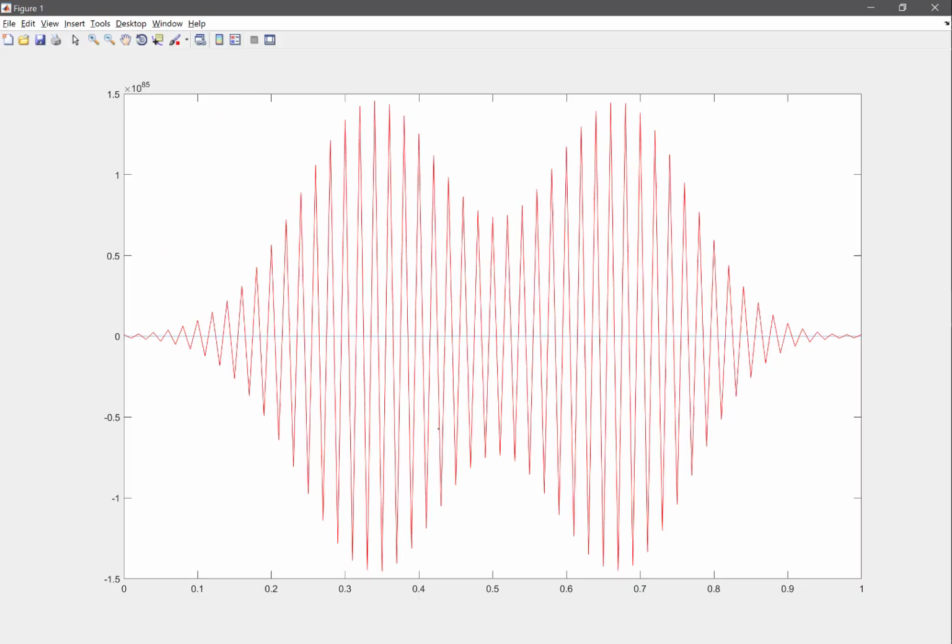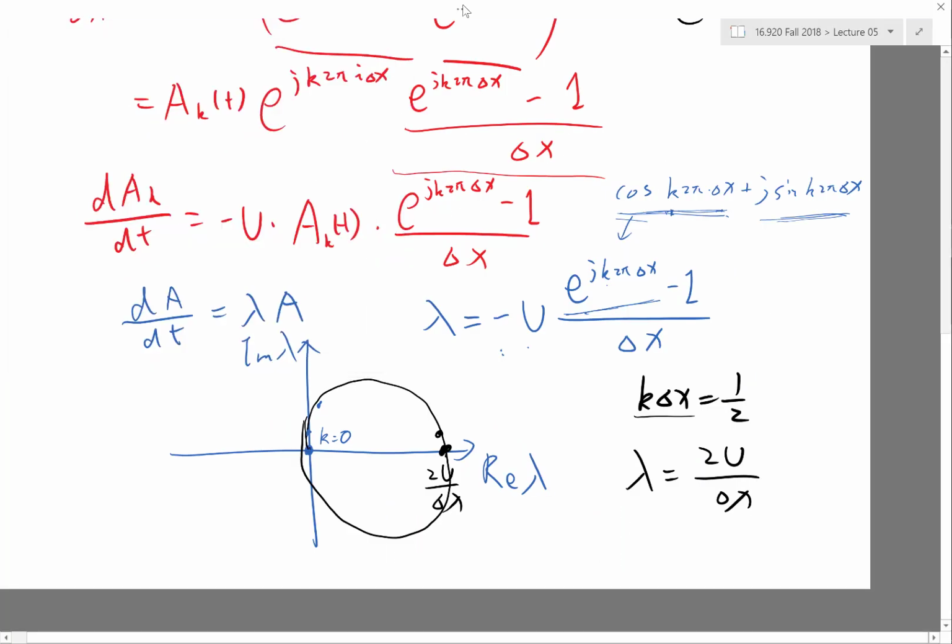So what you see is not going to be purely like that wave, but you can see that mode is very significant in this 10 to the 85 error. So basically this tells you why the solution is unstable and what the instability actually looks like. It's very useful when you have a code that doesn't work, it blows up, and by looking at how it blows up, it can be helpful in determining how you can improve the numerical scheme.